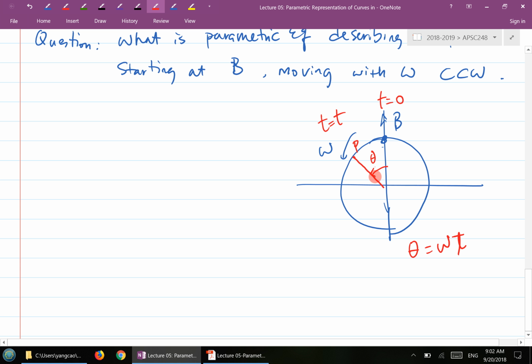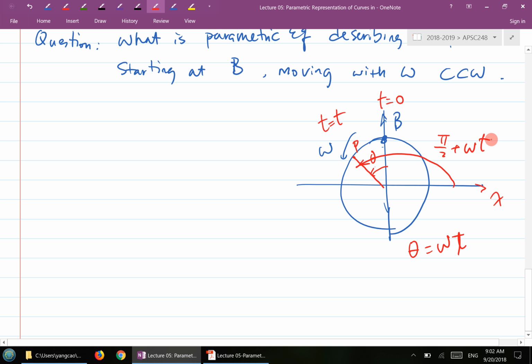And the reference point in this particular case is always reference to where? To the horizontal axis x at here. So if I ask you what's the angle from here to here, it's pi over 2 plus omega t.